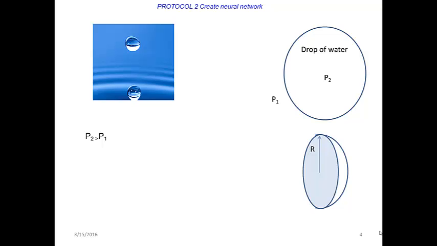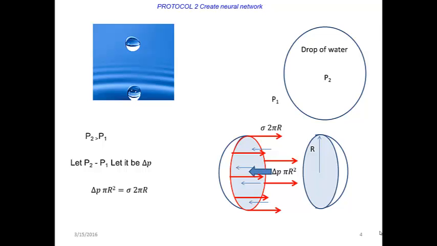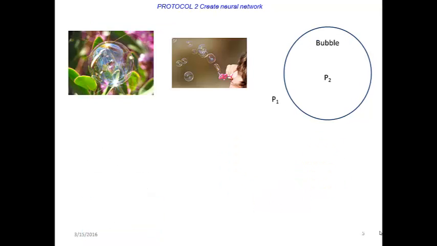A free body analysis will indicate that surface tension forces acting along the circumference of the drop are balanced by the pressure force acting on the circular area. Equating these two forces, we can derive an equation connecting delta P, radius of the drop, and the surface tension of the fluid.